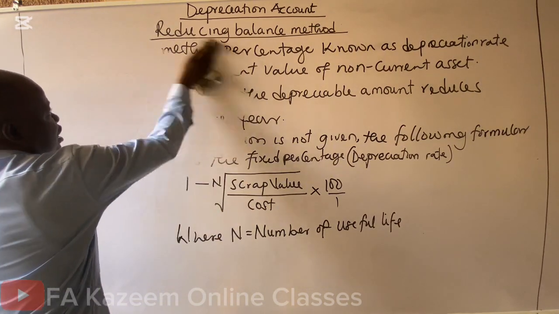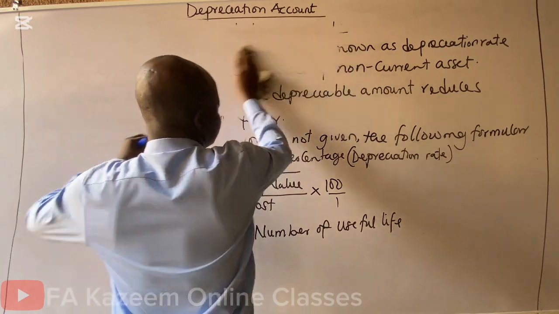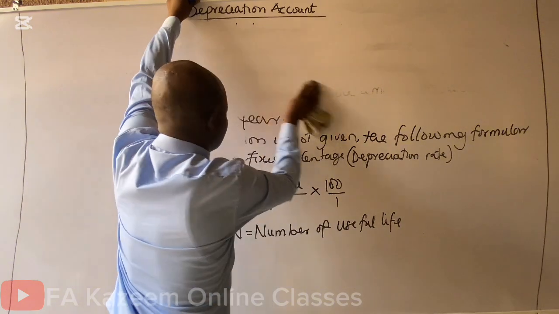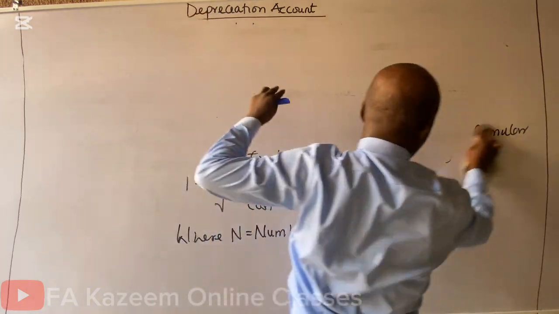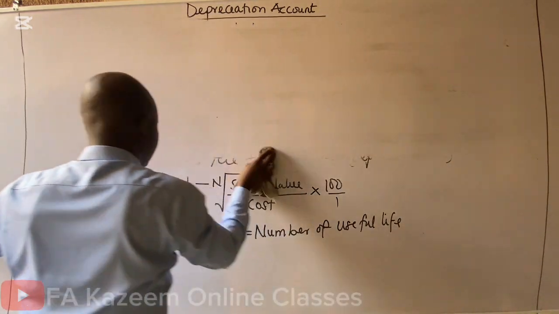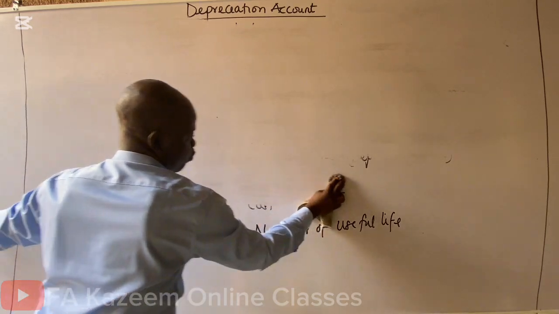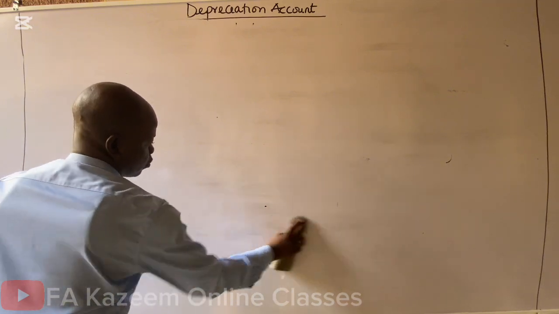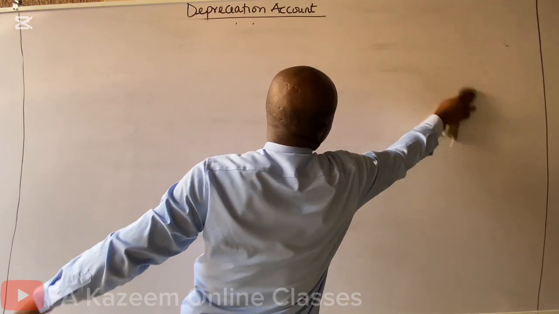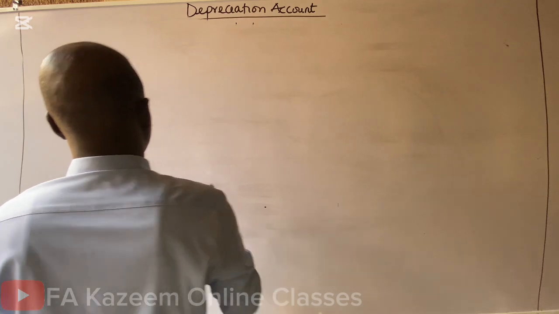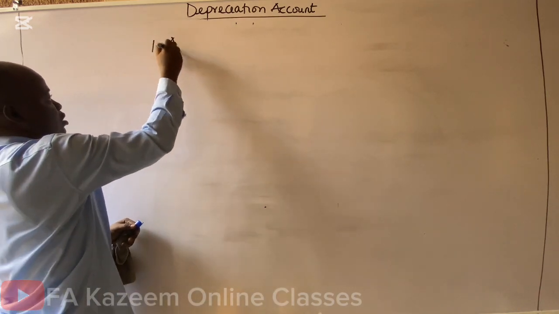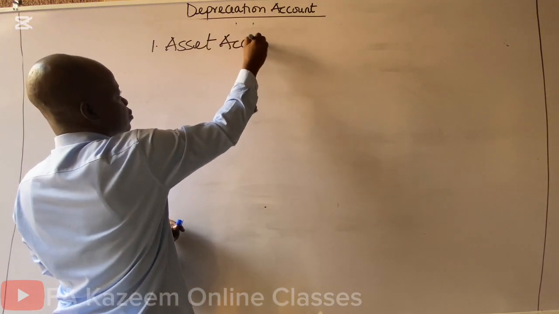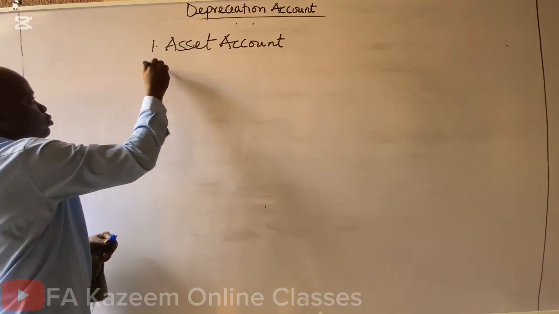Let's look at the accounts that will be prepared under the reducing balancing method. After determining the amount of depreciation, the accounts to be prepared are: 1. Asset account, 2.